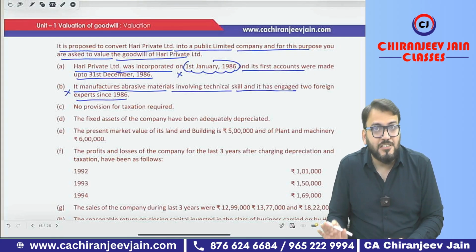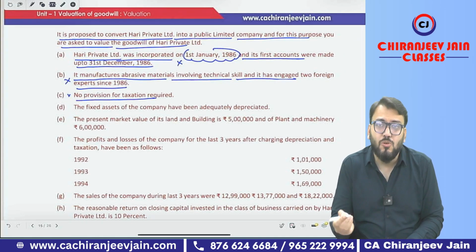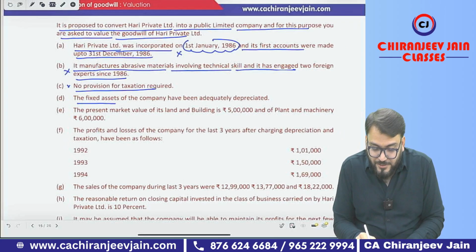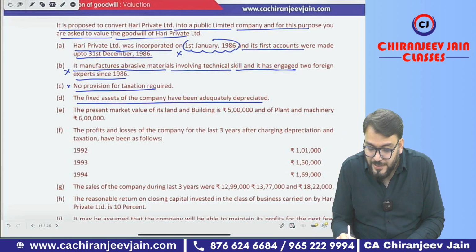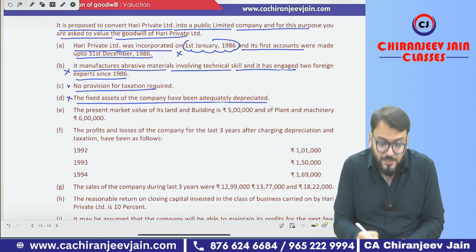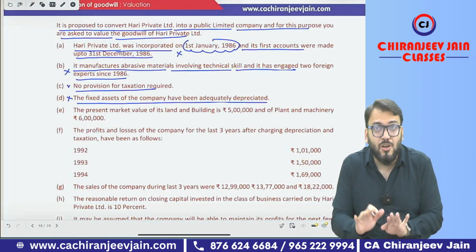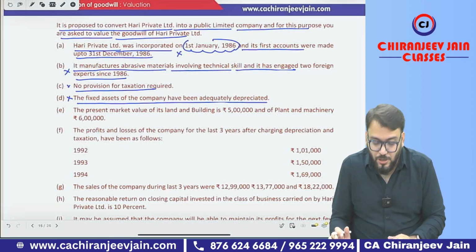This is also totally useless. No provision for taxation required. Okay, there is no provision for tax. The fixed assets of the company have been adequately depreciated, meaning depreciation has been charged correctly. So this information is also useless. You can see A, B, C, D. These 4 pieces of information are not at all required for the valuation of goodwill.